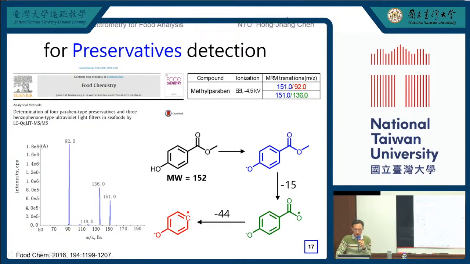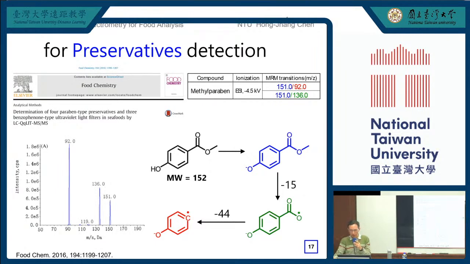One transition pair is 151 to 92. Another transition pair is 151 to 136. So if we can identify these two pairs, we can identify the compound. So for a target compound, we need to know what fragments were generated by MS technologies.